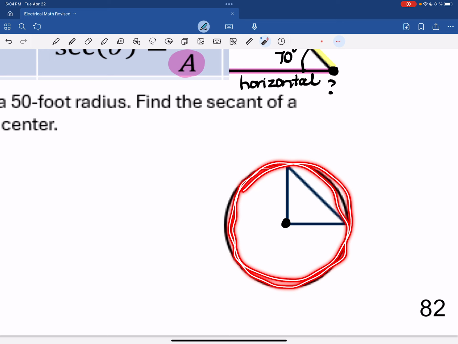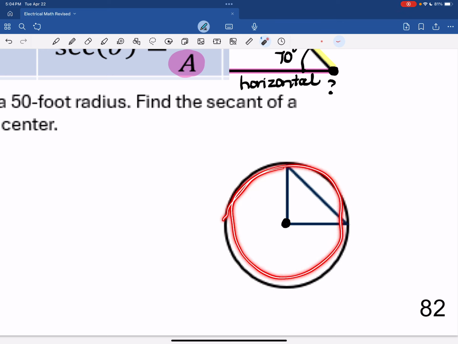So it rotates, or it may go this way, but it turns around that fixed point. The radius from that point to the seat on the Ferris wheel is 50 feet, which means this would also be 50 feet.